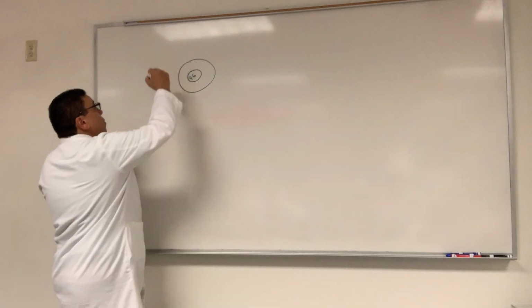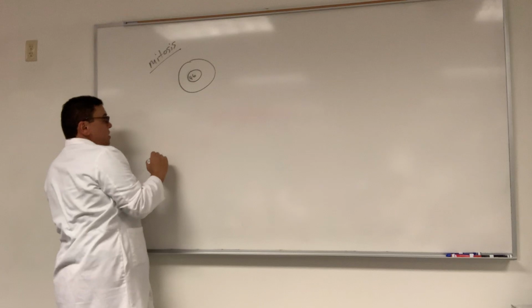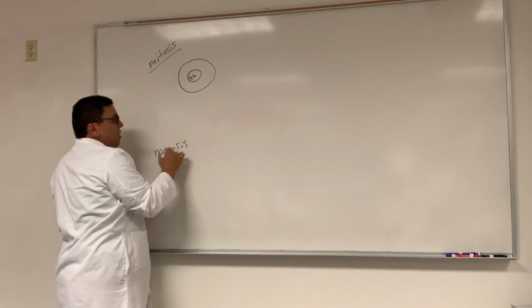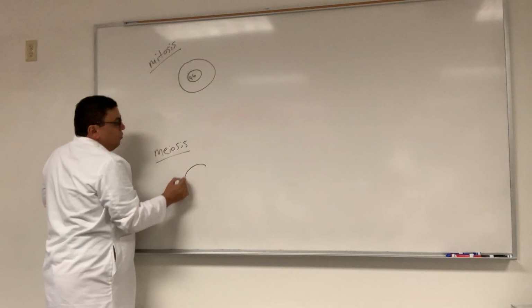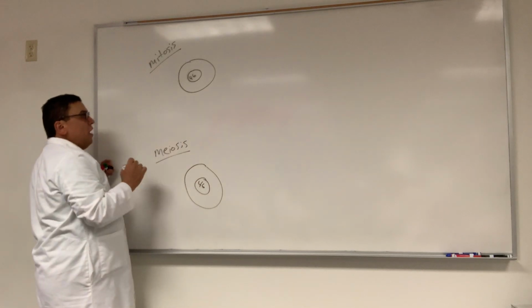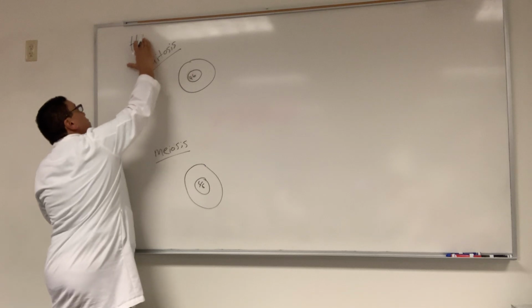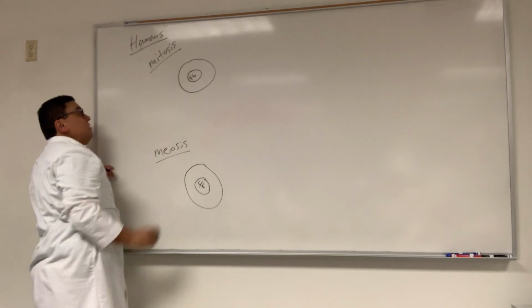So we're talking about mitosis first, and we're going to do a quick comparison between mitosis and another kind of cell division called meiosis. Both of them will start with a cell that has 46 chromosomes. Again, we're talking about humans. We're only going to talk about humans the rest of the semester. 46 chromosomes.